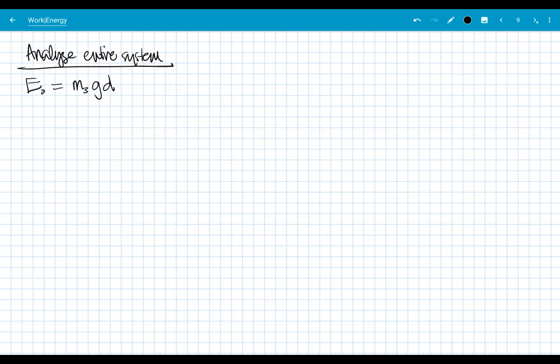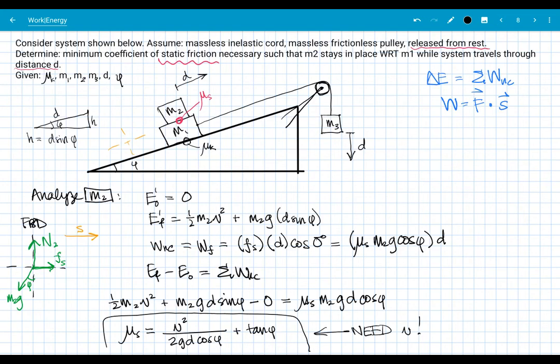In the final case, all three blocks are in motion, right? So I have kinetic energy of all three. I can write that this way. All three of my blocks are in motion, and the cord is inelastic, so they all have the same speed. Great, so I've got kinetic energy. Block 3 is at its lowest elevation at the end of the interval, so there's no gravitational potential energy there.